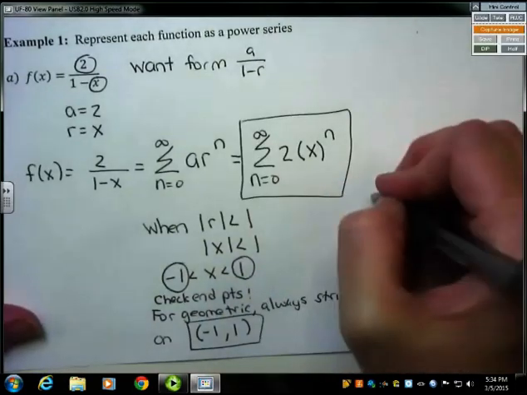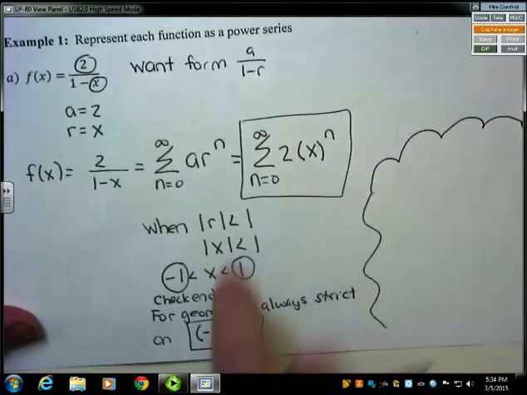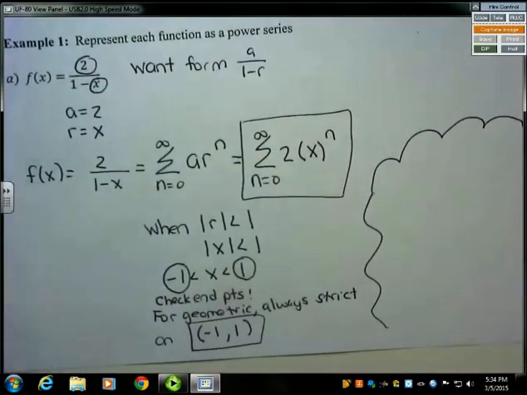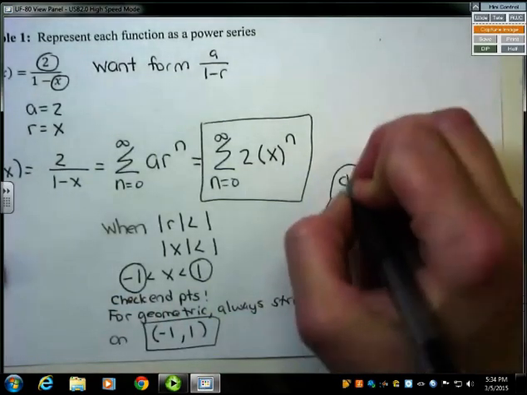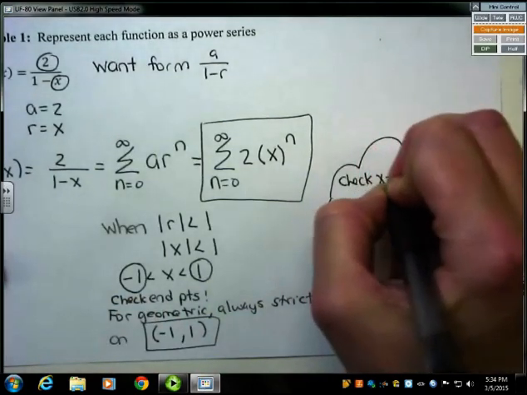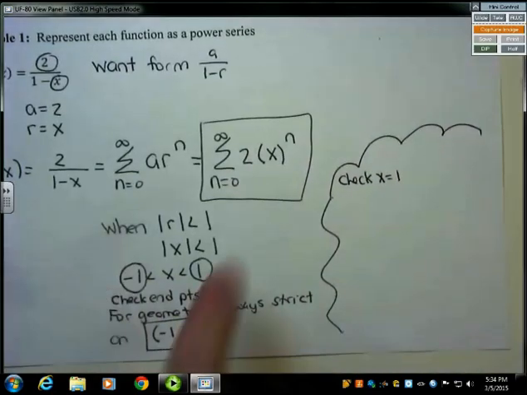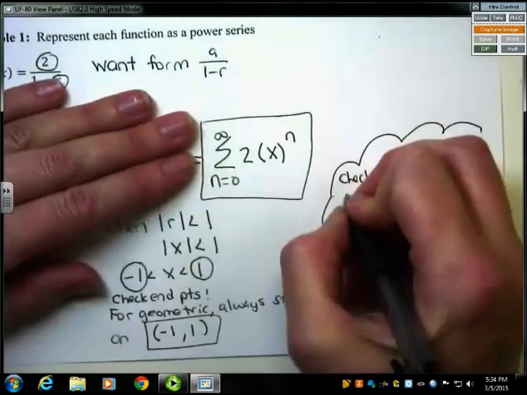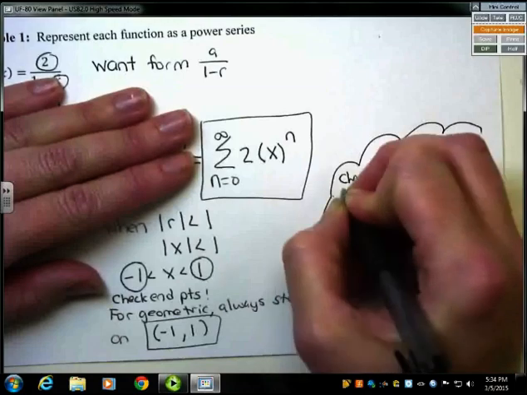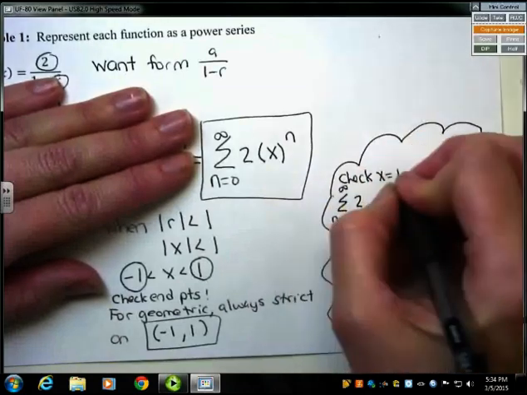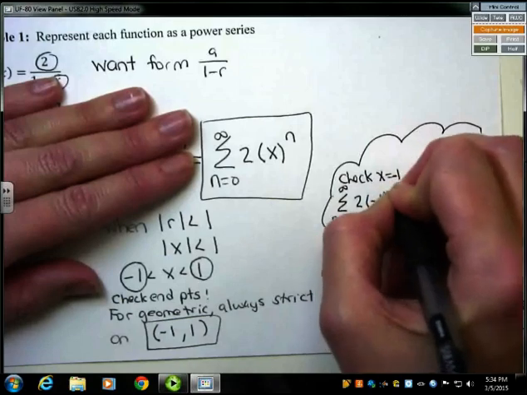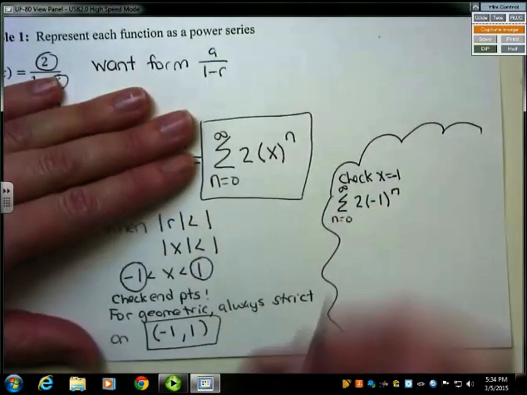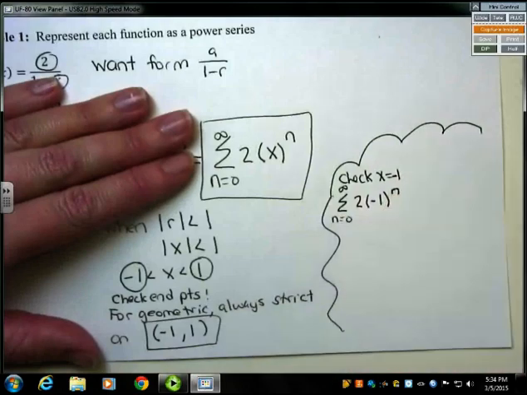I am going to come over to the side and show you that in fact it's true. We don't include those endpoints. So notice when x is equal to negative 1, our series would be the series going from 0 to infinity of 2, I'm checking negative 1, times negative 1 to the n. So I'm looking at a series.